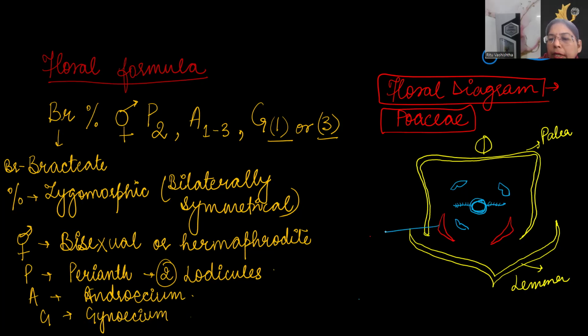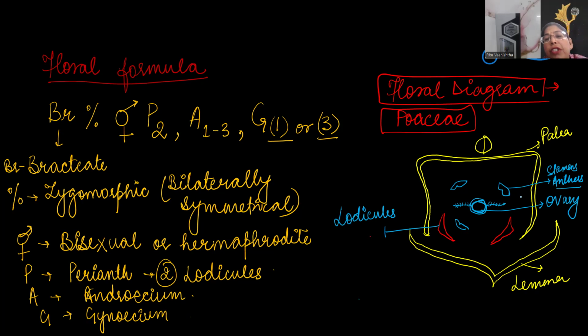So lemma, palea, lodicules. These all are the stamens, because these are free, stamens bearing anthers. So male reproductive part in which we are representing the anthers. And this is which part? This is the ovary with the stigma, feathery stigma. So this is the floral diagram of the family Poaceae.